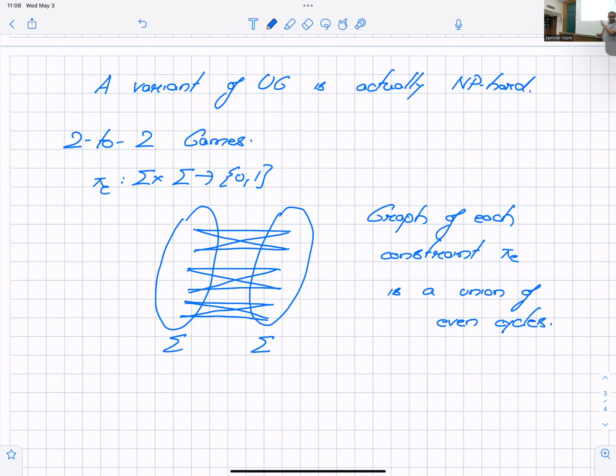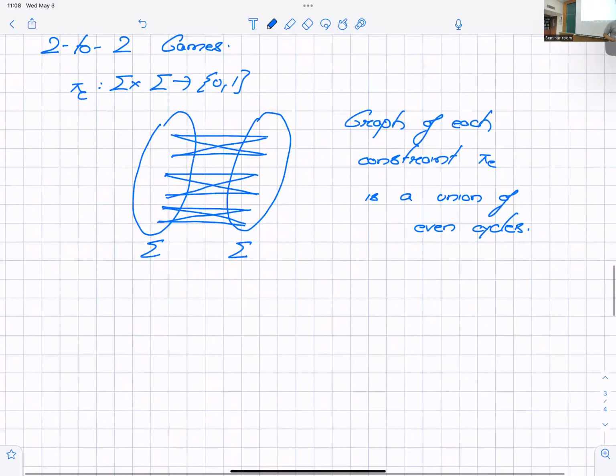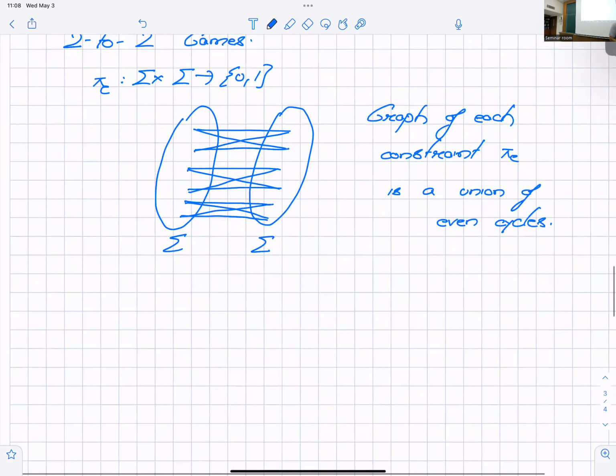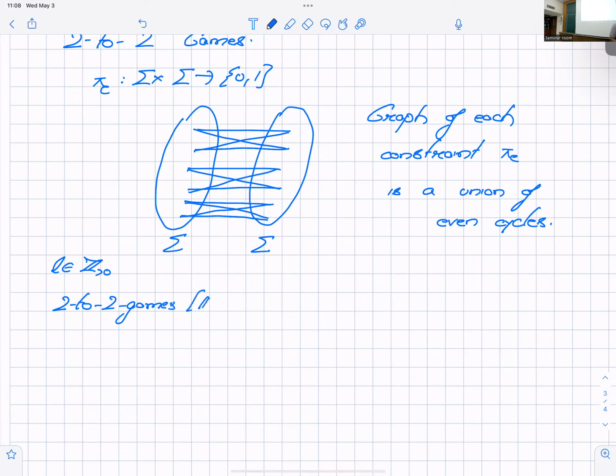So we will explicitly say that a particular type of 2 to 2 problem is going to be NP-hard. We're going to talk about 2 to 2 games over F2^L, where L is some integer. So what is this?